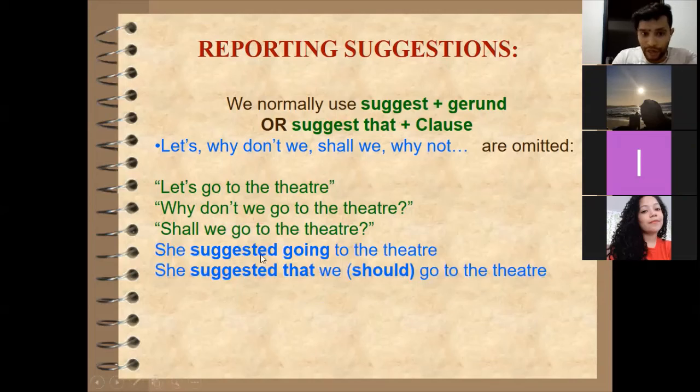The first version, she suggested going to the theater. Ella sugirió que fuéramos al teatro. Take a look. Aunque aquí está con ing, esto quiere decir que la oración está en el pasado, right? Ella sugirió que fuéramos. One more time.